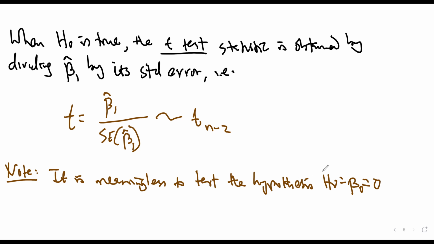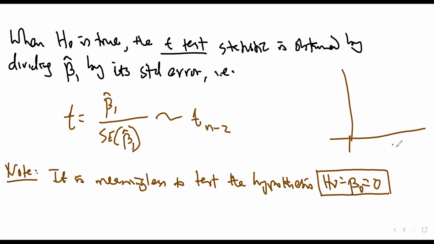So it is not important to test this hypothesis, okay? Because we're just saying that, with this as your x and this as your y, we are testing the hypothesis that the line passes here. You see, there's no good reason to imagine the line should pass there. So basically, this hypothesis is not important, so you don't need to test it.